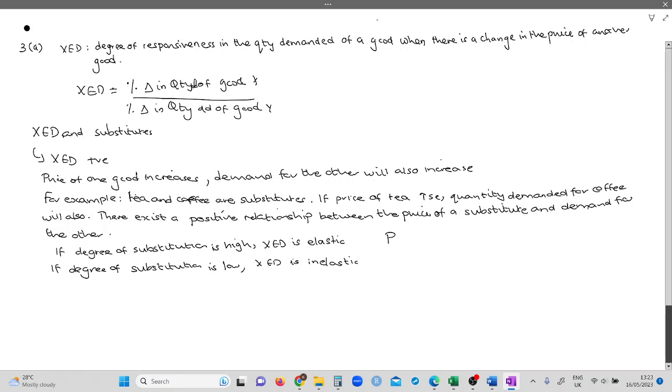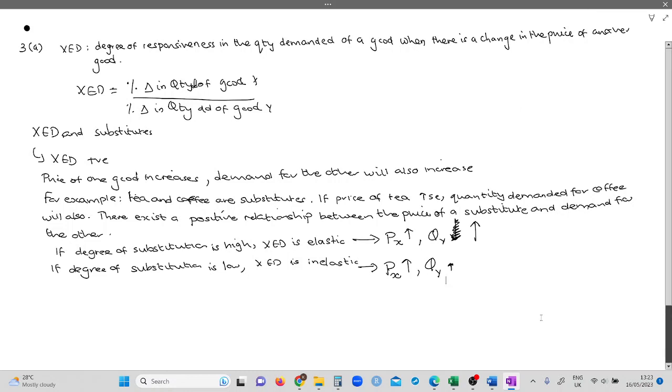That is, if the price of good X increases for high degree of substitution, the quantity demanded of good Y will increase by more than proportionate. This is elastic. It can increase, not directly, it can increase not by much. However, here, if price of X increases, it will increase by less. It won't increase by that much.